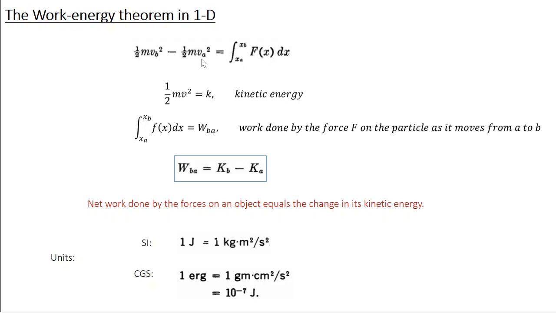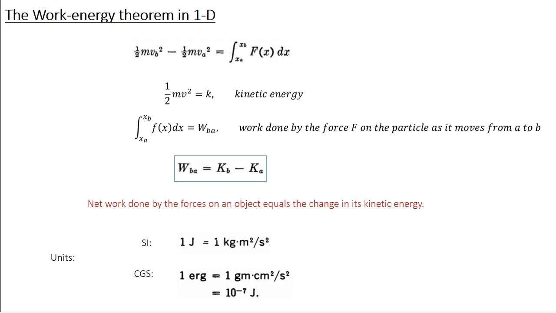So if VA is the velocity at position XA and VB is the velocity at position XB, then you can write half m VB square minus half m VA square equal to integral XA to XB F of x dx. So basically we have taken the equation of motion in one dimension and integrated it with respect to position.